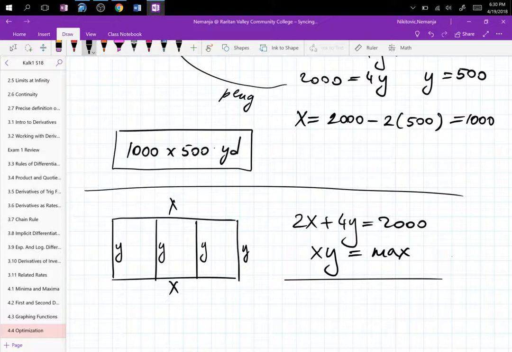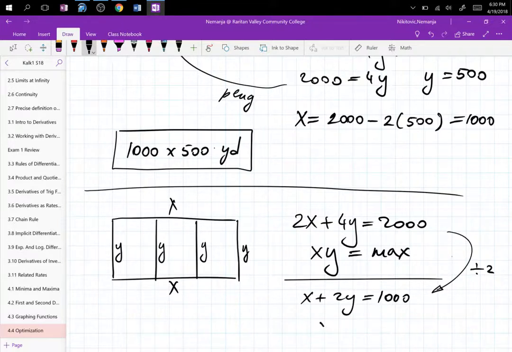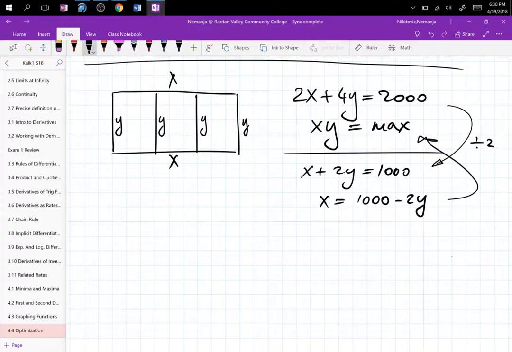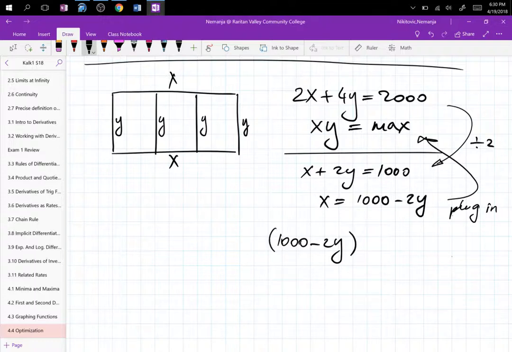So from the top equation, divide by 2 first. We have x plus 2y equal 1,000. And then solve for x, 1,000 minus 2y. Then plug in. And we have, instead of x, 1,000 minus 2y times y equals a max.